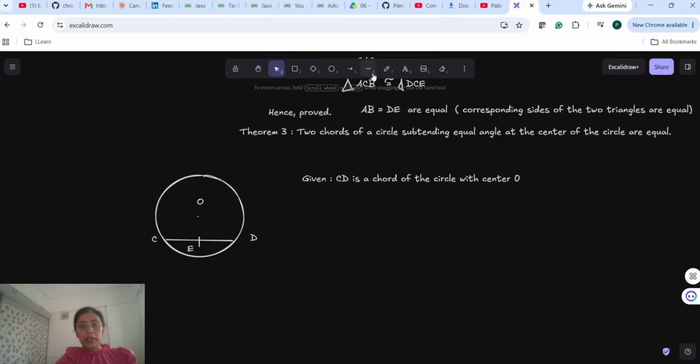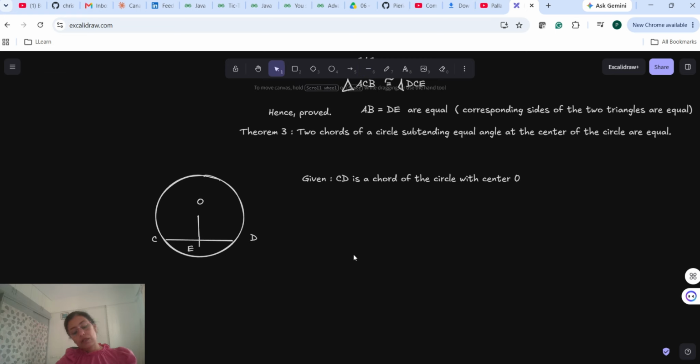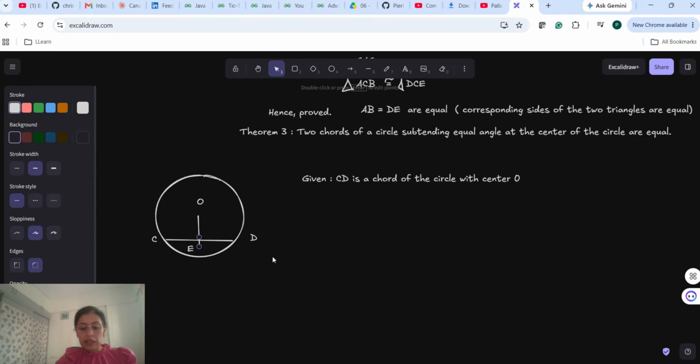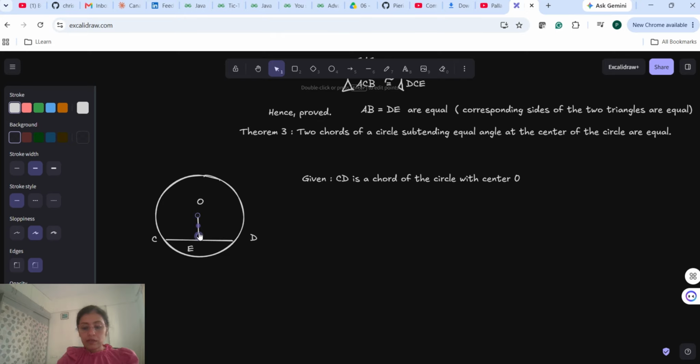Now what I need to do is draw a line from the center of the circle to the midpoint of this chord. So let me draw a line joining the center of the circle to the midpoint of this chord. Maybe I'll just remove this so that it is a bit clear, and remove this also and make a nice fresh line which is straight.